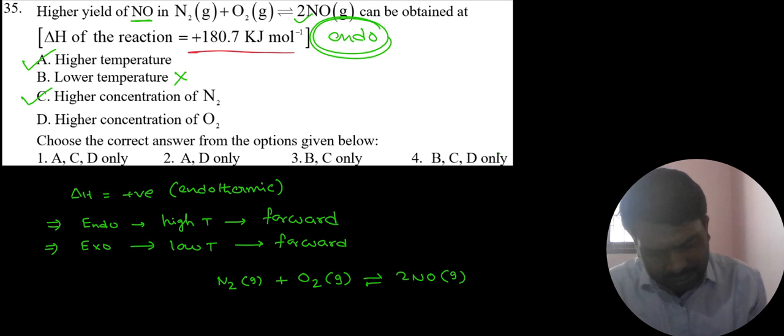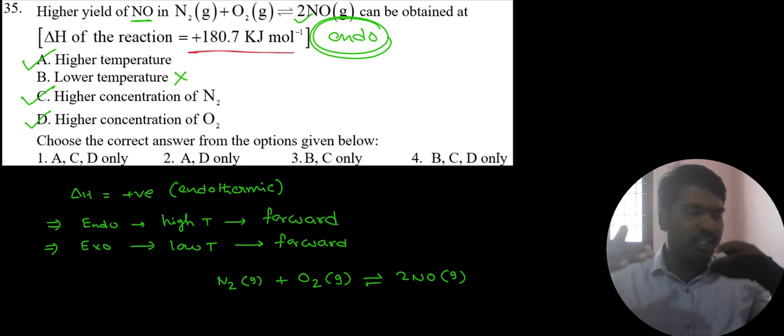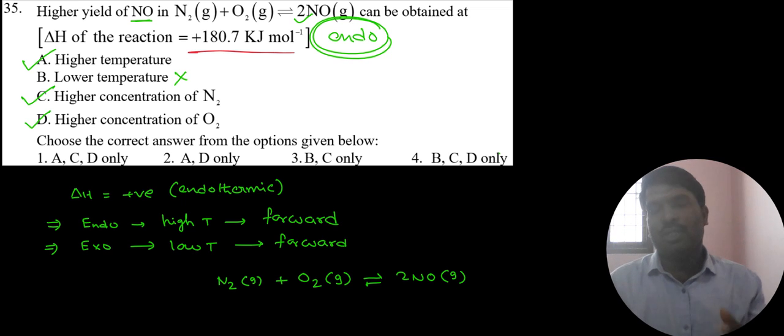So this is right. Next, higher concentration of O2 also favors the forward direction, as O2 is also a reactant here. If O2 concentration increases, the reactants' concentration increases and the products are comparatively lower, so higher to lower means the forward direction.